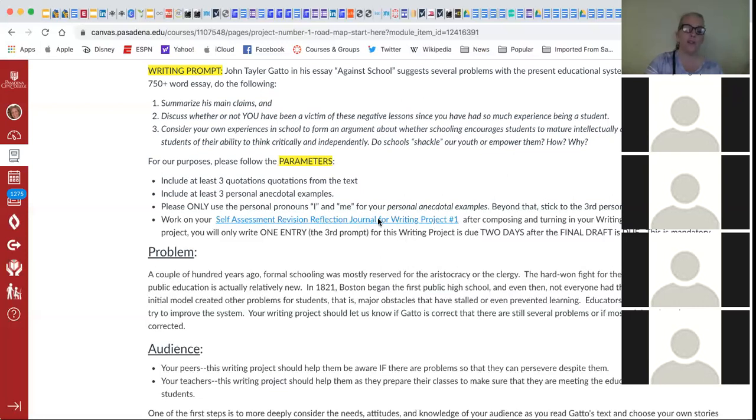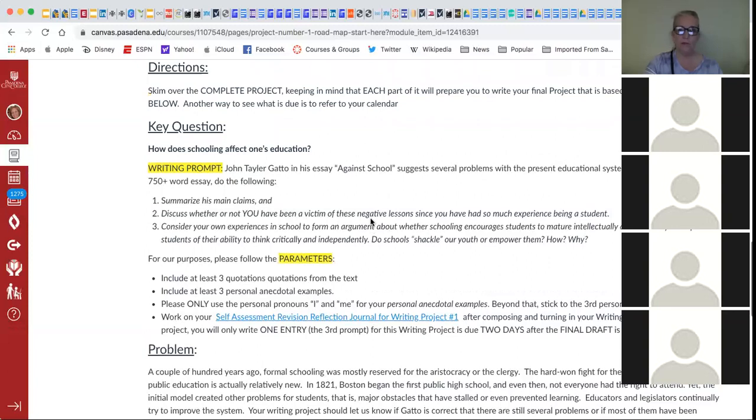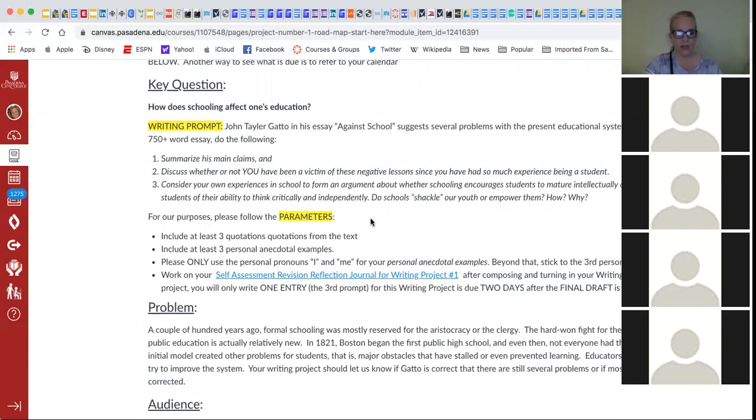So when you turn this in, you're going to turn in the same document each time, but I will be scrolling down to check the newest entries into that journal. Okay, so at this point, does anyone have any questions about the prompt itself or the parameters?